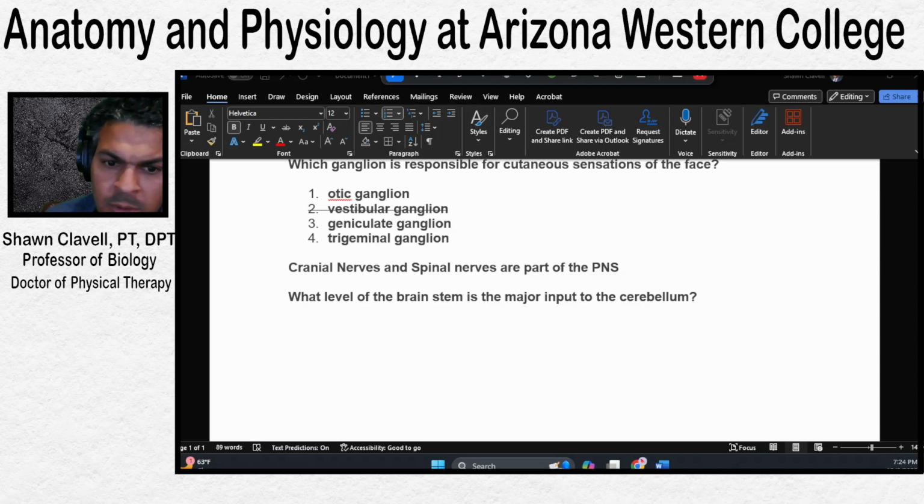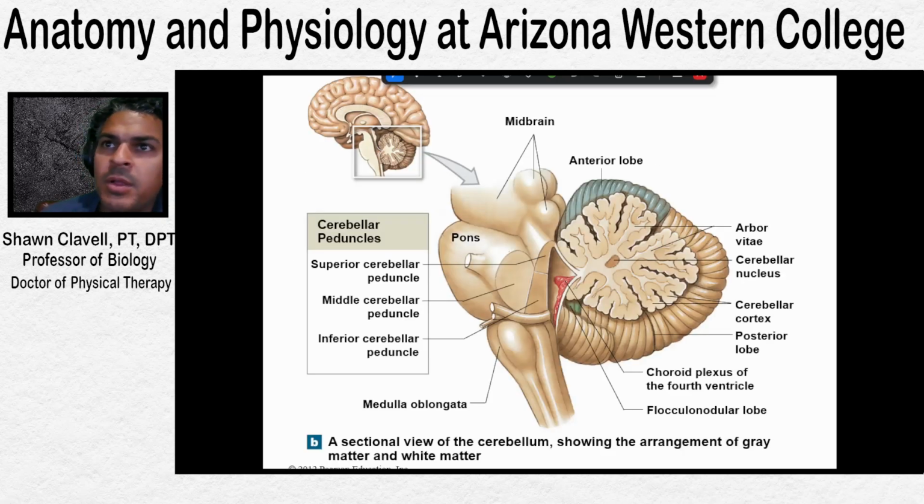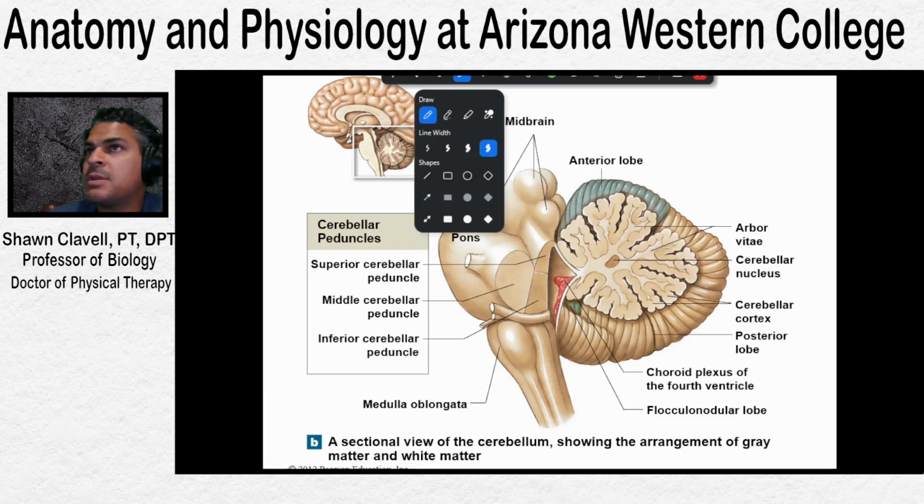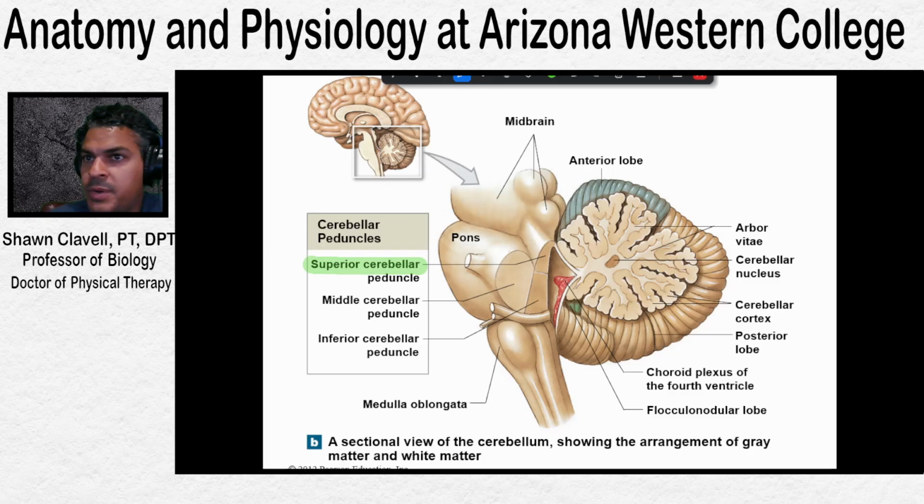So the cerebellar peduncles. The cerebellar peduncles here, that might be the answer that we're looking for. So the superior cerebellar peduncle, the middle cerebellar peduncle.